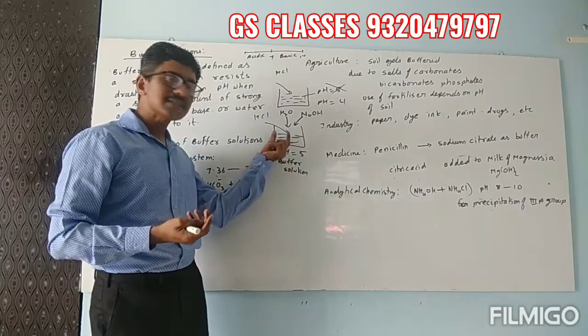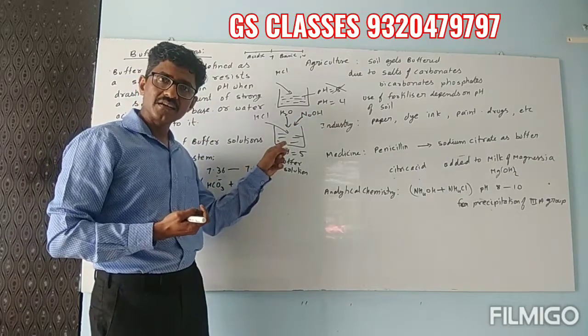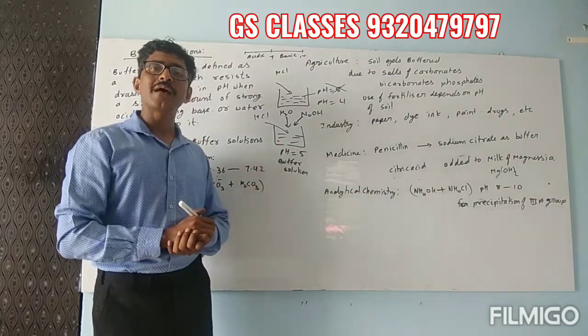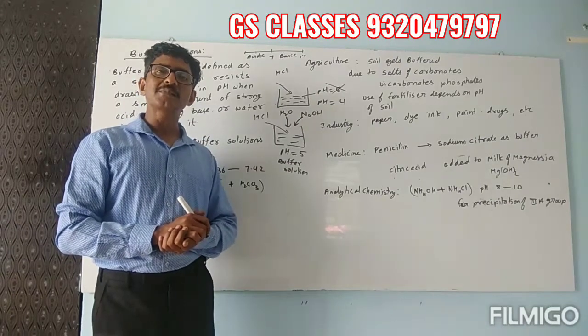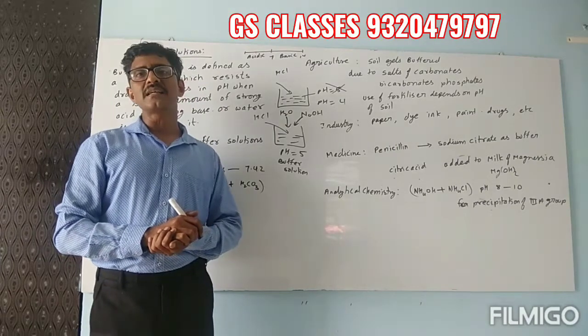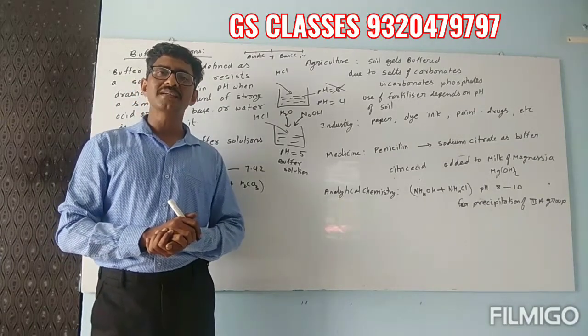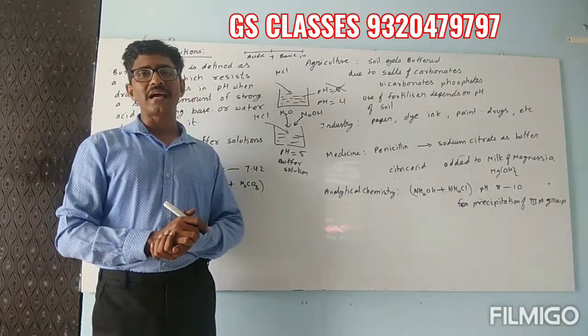Similarly, the chemical substances will consume the added hydroxide ions and hence the pH value will not be allowed to change. We will be seeing this mechanism in great detail, but before that, let us see how this buffer solution is useful in our day-to-day life.